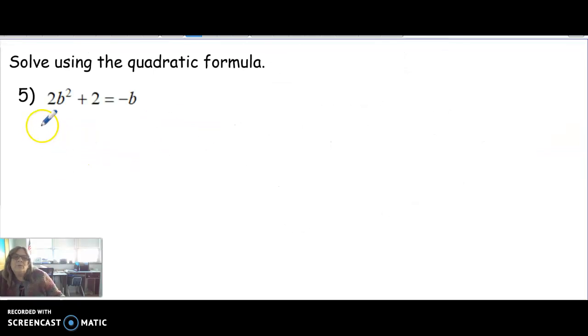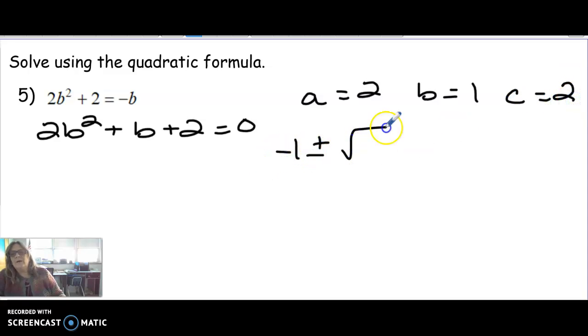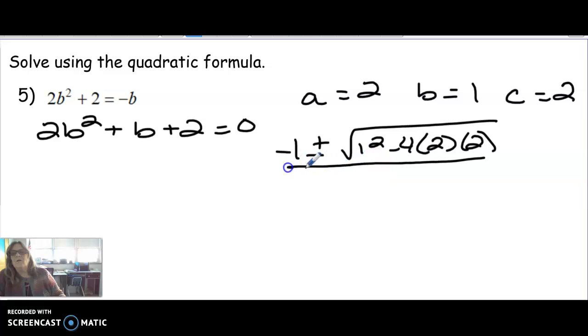Looking at this one, we're going to bring the b over. So we're going to have to add it. Plus b plus 2. I'm keeping it in standard form. A is equal to 2. If there's no number in front of that b, then that's a 1. And our c is equal to 2. So the opposite of 1 plus or minus the square root of 1 squared minus 4 times a times c all over 2 times a.